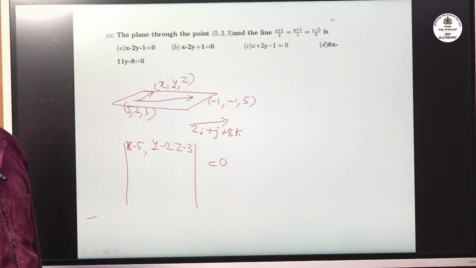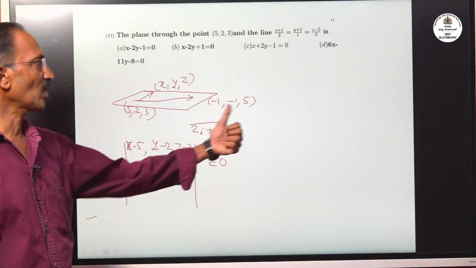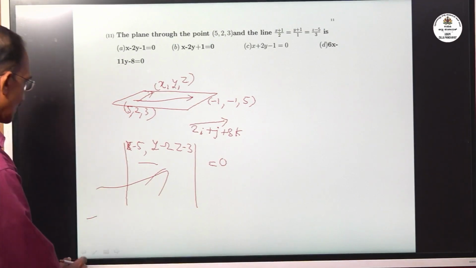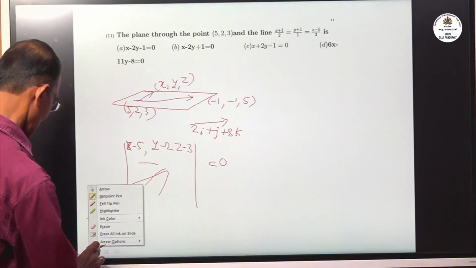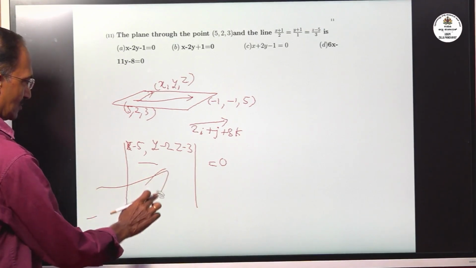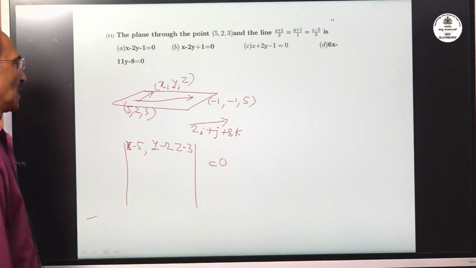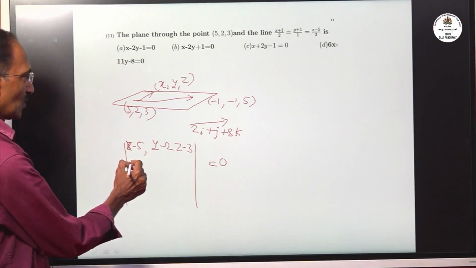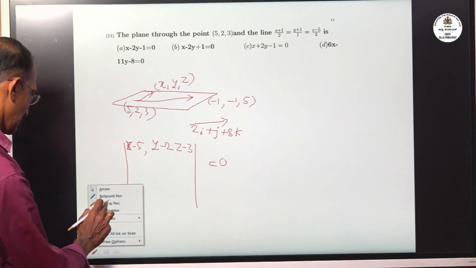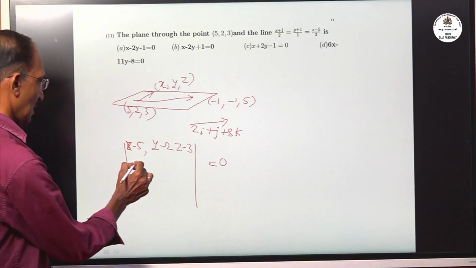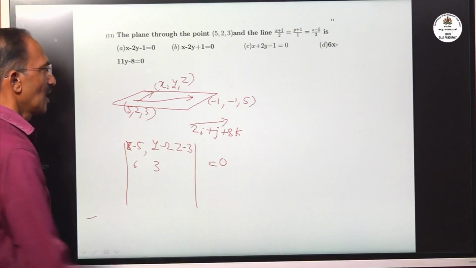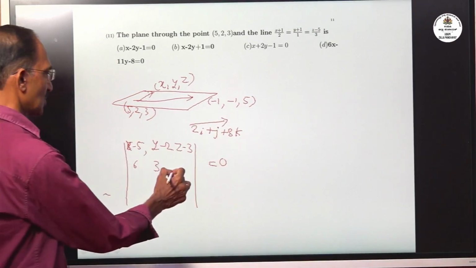So what is the next vector? That is joining (5, 2, 3) and (-1, 1, 5). That is 5 minus of minus 1, that is 6, and 2 minus of minus 1, that is 3, and 3 minus 5, that is minus 2.